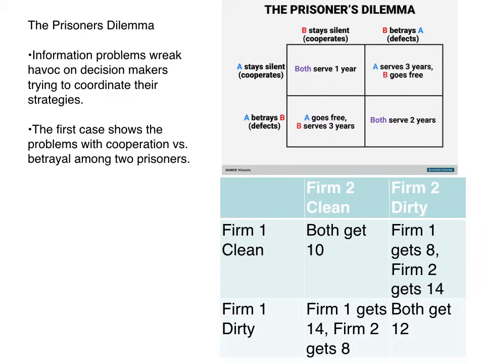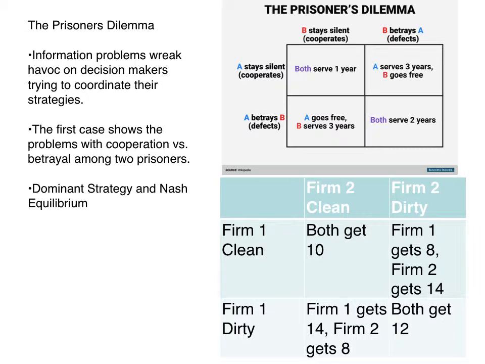Now, if they both serve 2 years, that's what's known as dominant strategy and Nash equilibrium. So the dominant strategy is if one party pursues an outcome irrespective of what the other party does, then that is going to be their dominant strategy. And in the case of both A and B, both dominant strategies would be to betray each other. So both would serve 2 years.